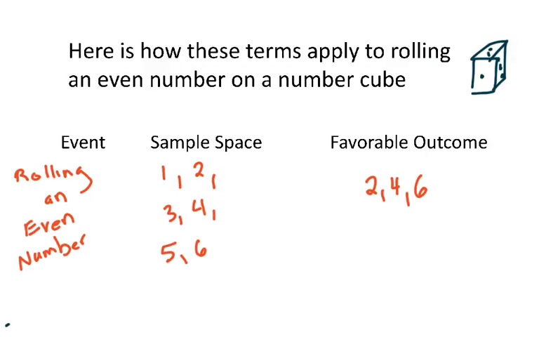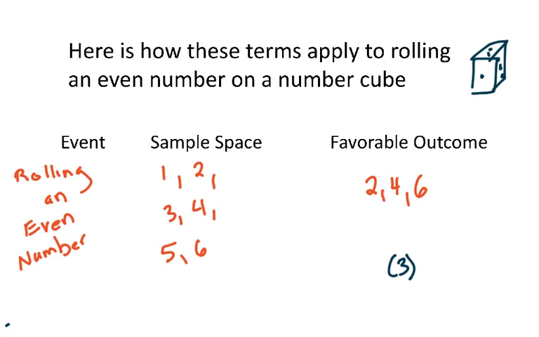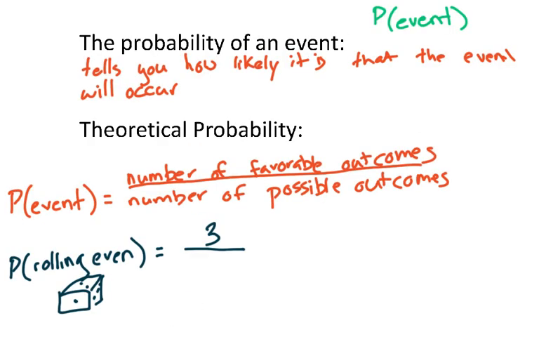Well, our favorable events are 2, 4, and 6. So there are 3 favorable outcomes out of our number of possible outcomes. So that's our sample space. There are 6 possible outcomes. So the probability of rolling an even would be 3 out of 6, or if we reduce this, 1/2.